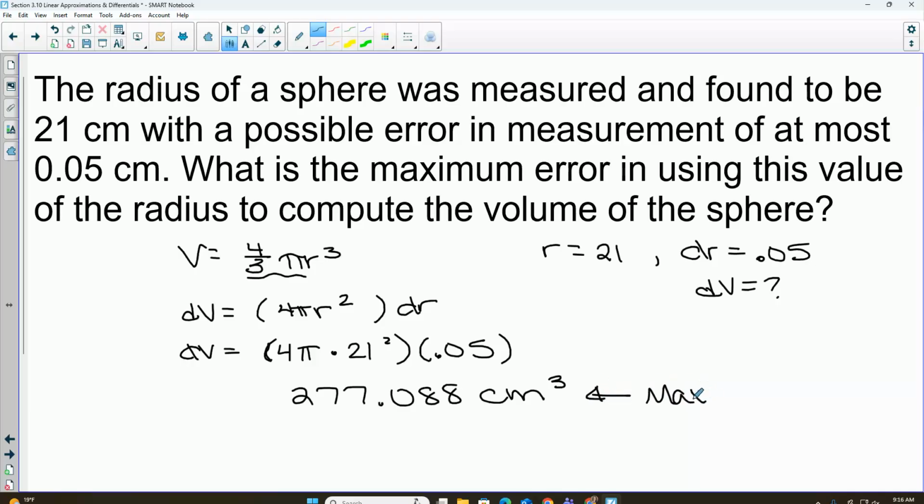So the maximum error in volume is around 277 cubic centimeters. That's the most my volume measurement might be off.